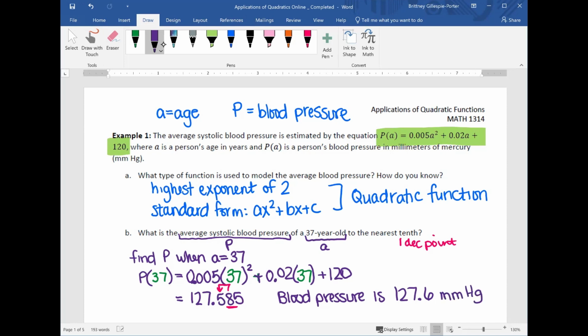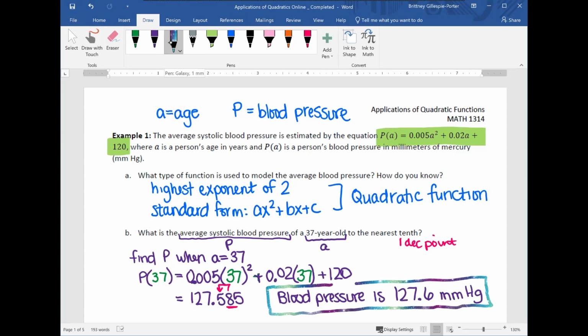You need to be able to identify and explain what you found. If we just say 127.6 and we tell our boss that, they will have no idea what we mean. You have to be able to explain your answers and your work.